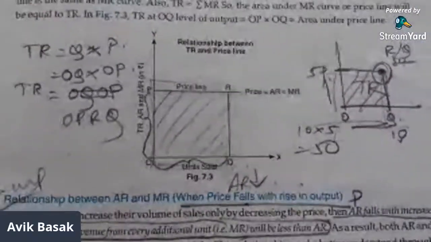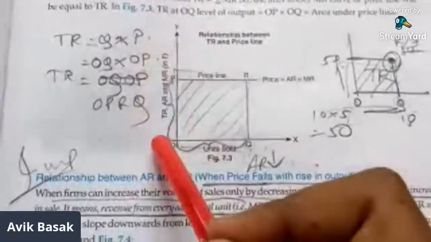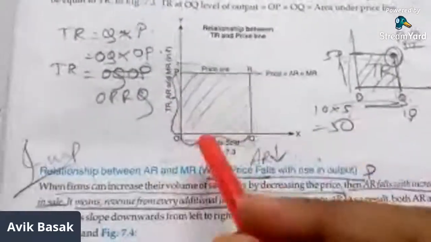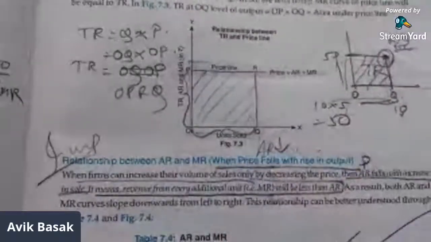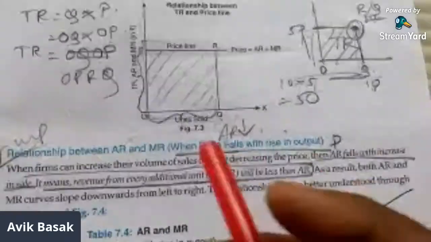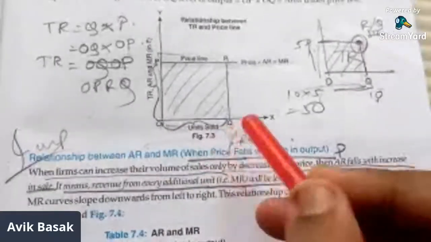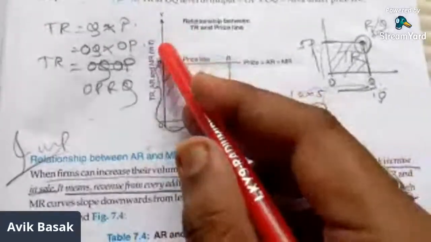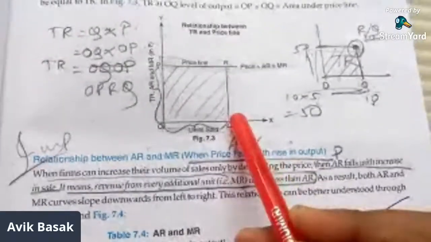In a diagrammatical manner, we can also show this. If I am measuring TR, AR and MR on the y-axis, and output on the x-axis, and price I have told you is constant, so assume price is a horizontal straight line parallel to the x-axis. Now I am selling OQ amount of output at what price?